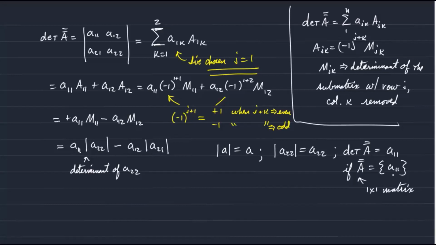Formally, we can define a single number as a matrix. It's just a 1 by 1 matrix, and the determinant of that 1 by 1 matrix is simply the value of the number in that matrix. So that's something relatively simple you can remember. And so this gives the result that the determinant is A11 times A22 minus A12 times A21.